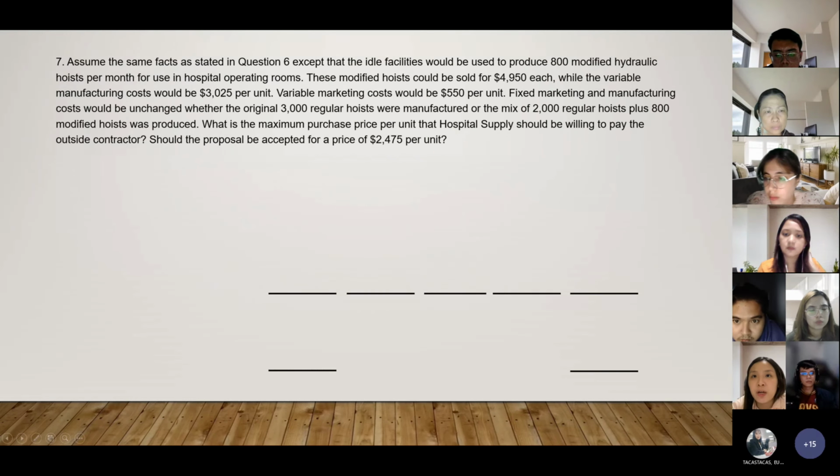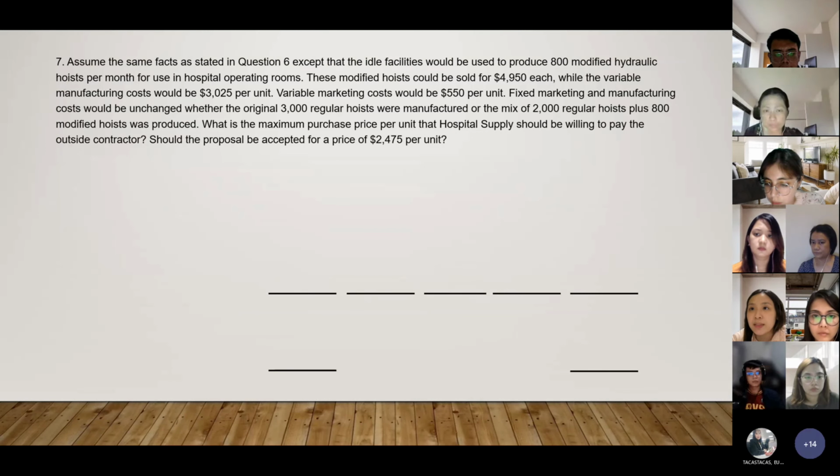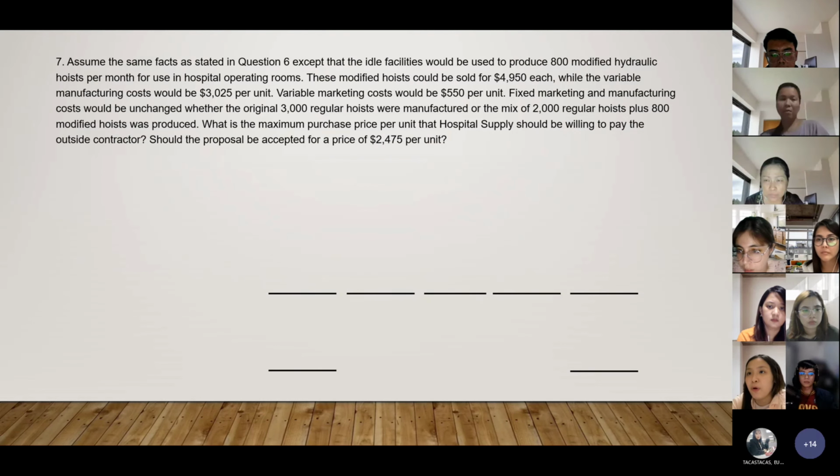The last question: assume that the facts are as stated in question 6, except that the idle facility would be used to produce 800 modified hydraulic hoists per month for use in hospital operating rooms. This modified hoist could be sold for $4,950 each, while the variable manufacturing cost would be $3,025 per unit.